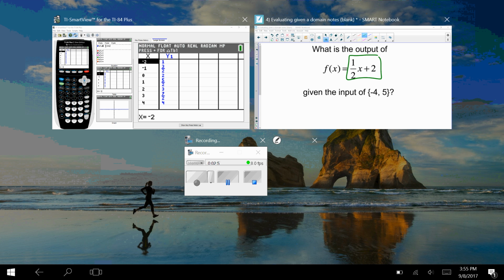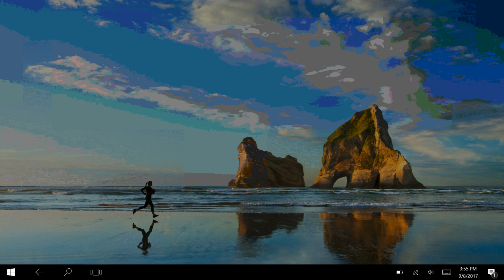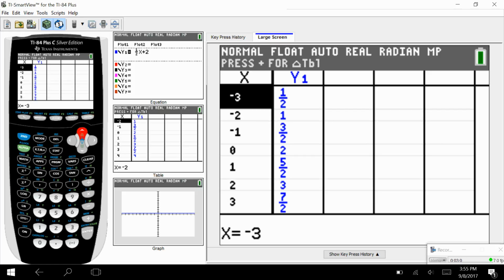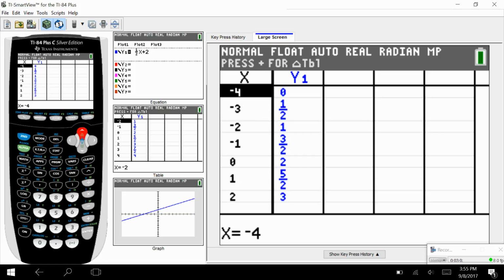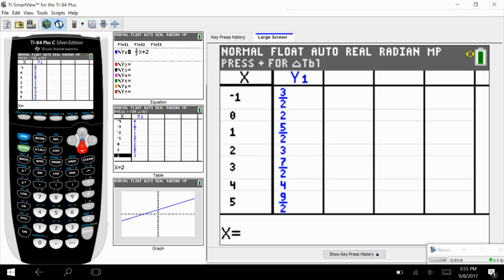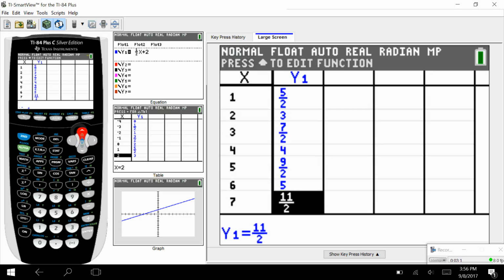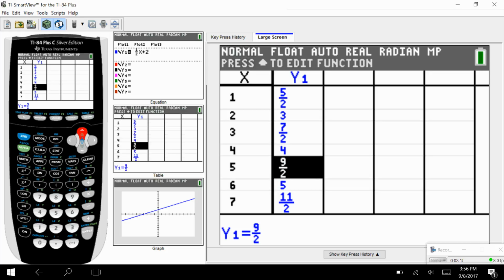We're looking for the inputs of -4 and 5. So when x equals -4, y is 0. And when x equals 5, y is 9/2. So my outputs are going to be 0 and 9/2.